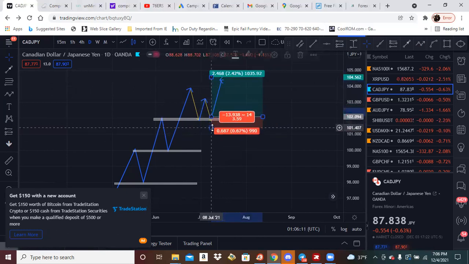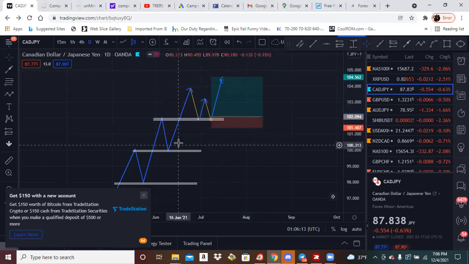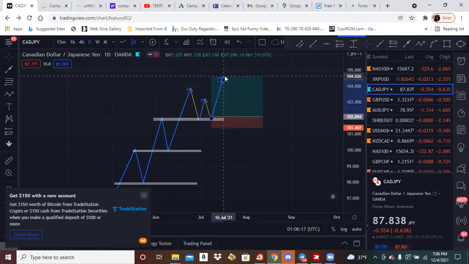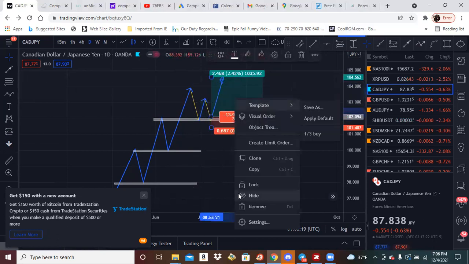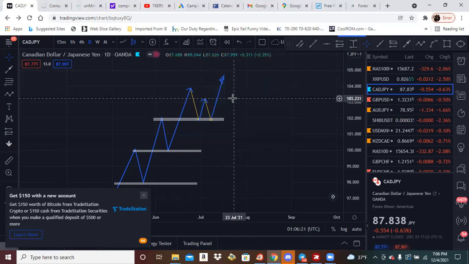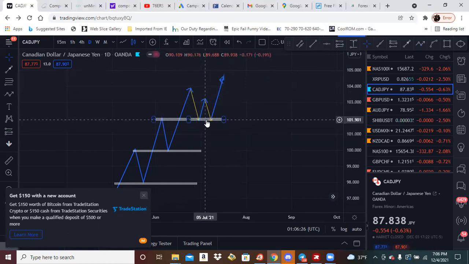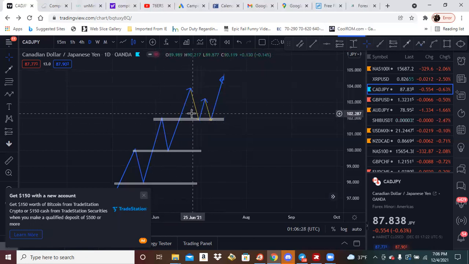Again, like I said, you want to buy as close to the support or the resistance as possible. So now you got the big W, or it hits your TP. And that is how you want your trades to be. So rule number one, never make your stop loss bigger than your take profit.